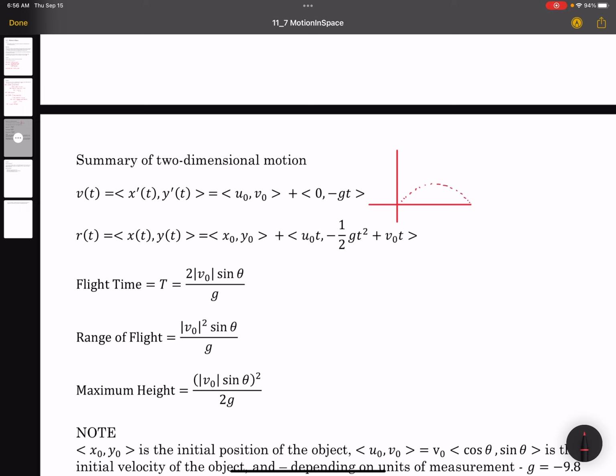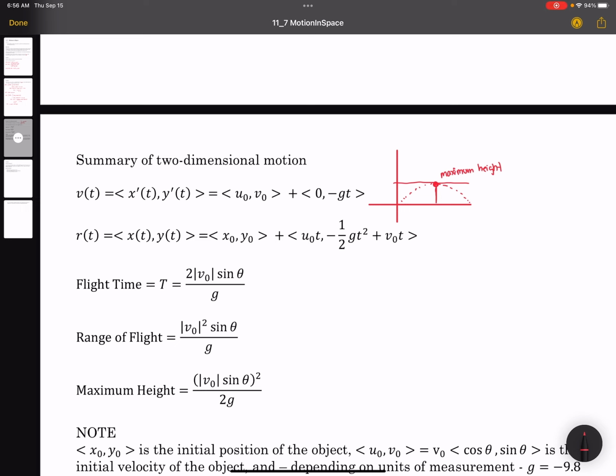And so we should just know from algebra 2 that the vertex of that parabola is going to be our maximum height. And we should know from calculus that the velocity is going to be 0 at the maximum height, which means that the y component of our velocity vector is going to be 0 at that point.